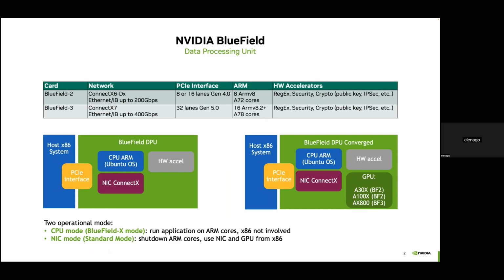The final effect is that if you're running an application on your x86 system, you can see the PCI peripherals of the DPU as regular PCI peripherals. So you can use the network card, the GPU, and hardware accelerators from your application running on the host system. Depending on what you want to achieve, you can decide if you want to run your application on the DPU, on the ARM, or on the x86 system. So probably Intel cores, AMD cores, whatever you have.